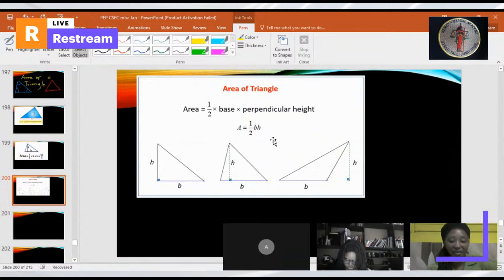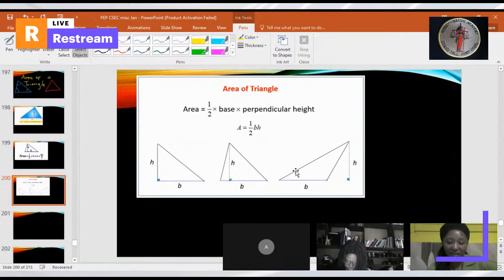If it's a scalene or isosceles or equilateral triangle, we still have to establish what the height is. So it might mean you have to actually draw in that line from the top to the base and see if there's any way, if you're not given that height, to find that height based on what you are given. Because you will definitely need it if you're going to use the half base times height formula.